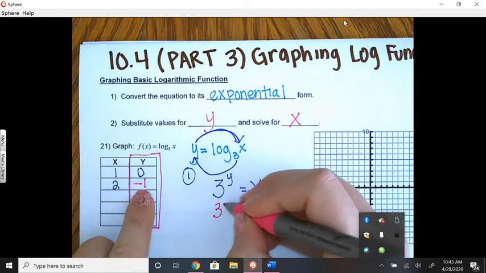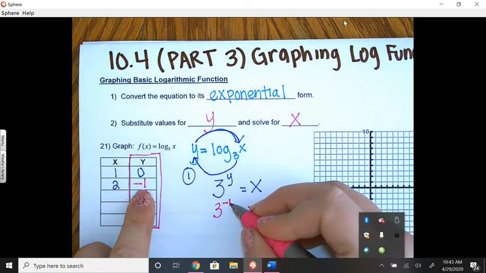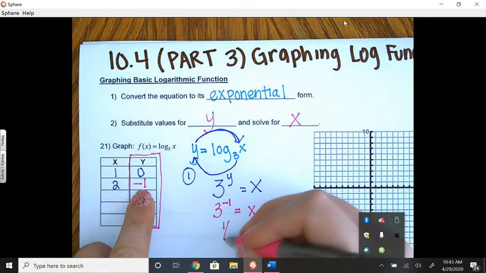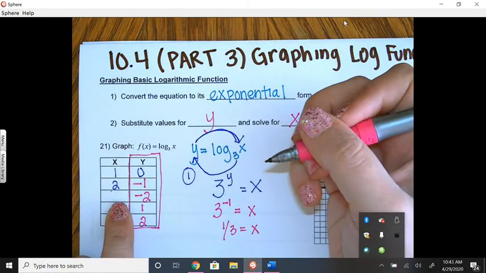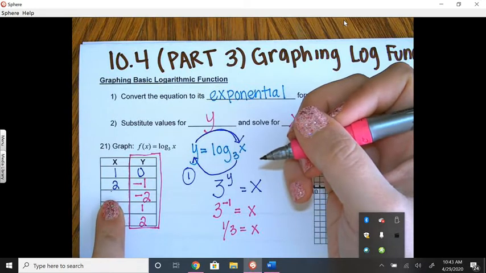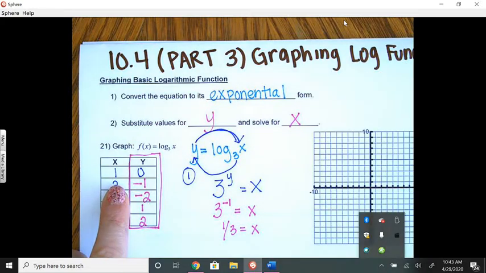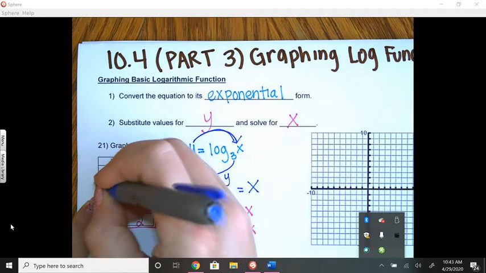So I'm going to plug in -1. 3 to the negative first power is 1/3. So we get 1/3.